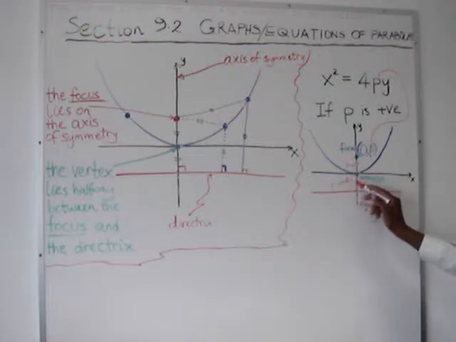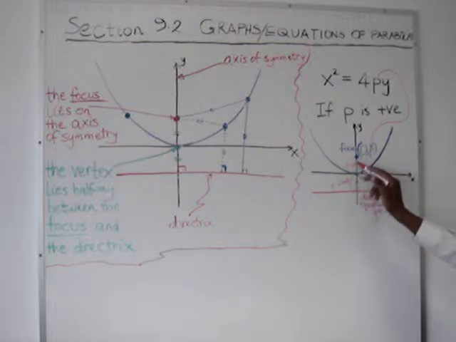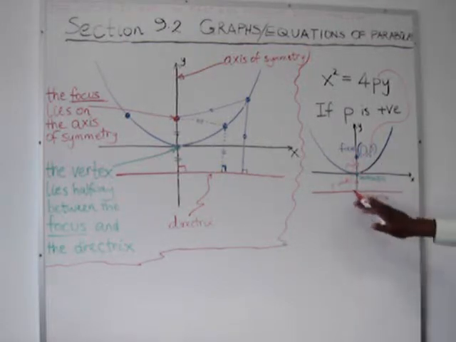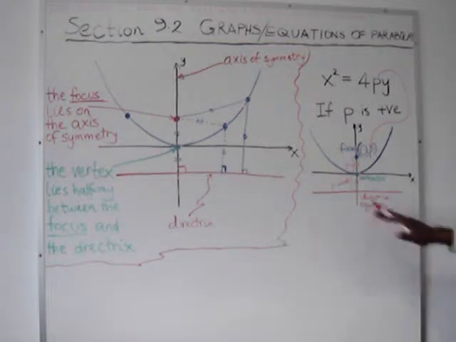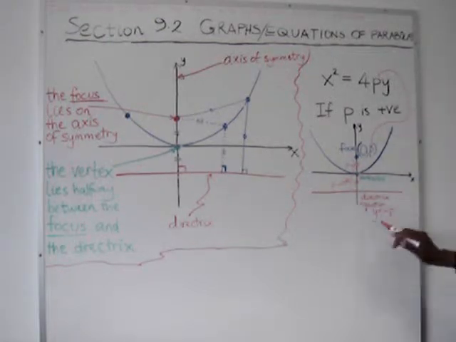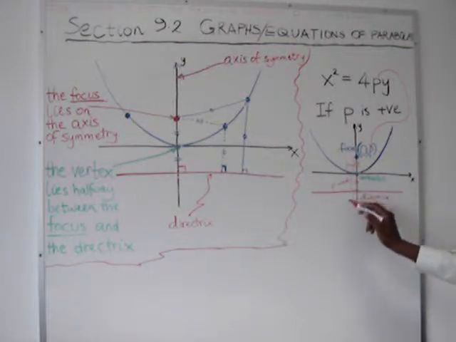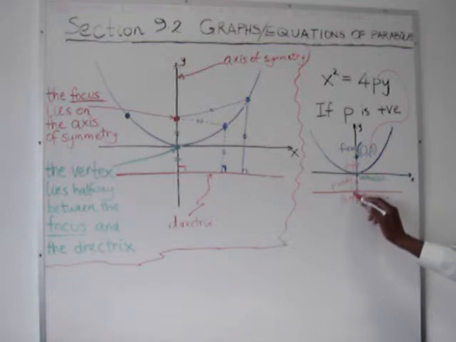That is, this is equal to that. So in fact, the equation of the directrix in this case is y equals minus p, because this point here is (0, minus p).